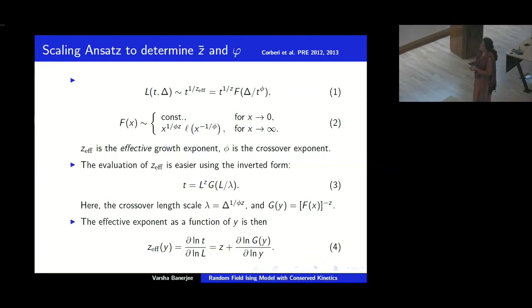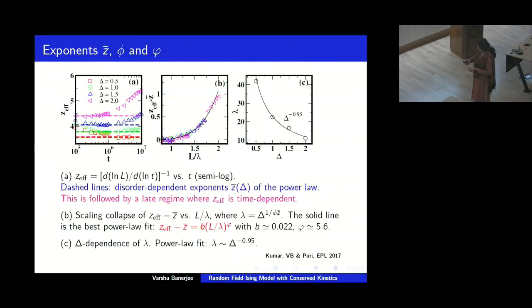So L(t) goes as t raised to 1/z effective. And they have a formulation by which you can find the effective z exponent. And the effective z exponent, as one can see, involves a derivative d ln t by d ln L. So it's a derivative of the growth law that I showed in the previous slide. So that's what one does over here.